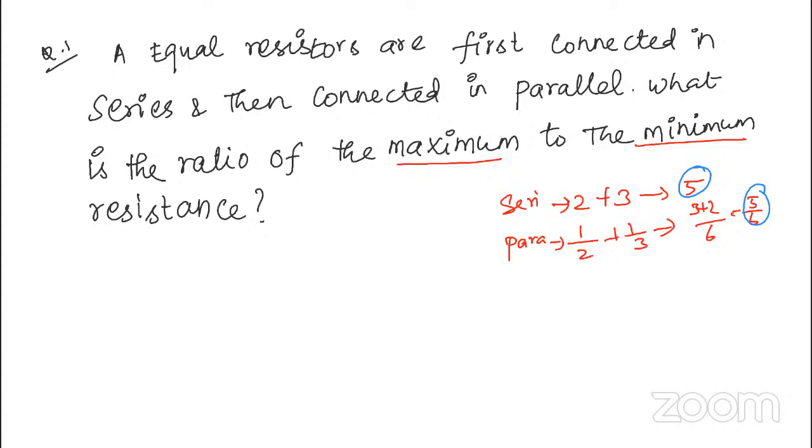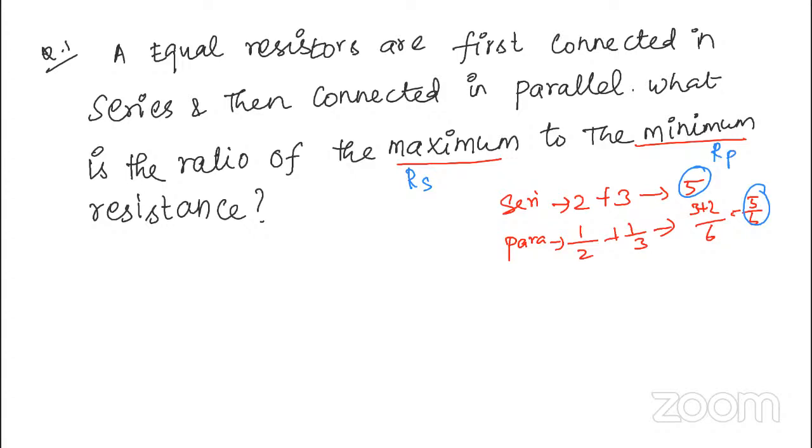Yes, of course. It is in series, only when we add the resistance values do we get the maximum value. Okay. Right. So here they are asking the maximum resistance to the minimum resistance, so here if we take it as RS and here it is RP.